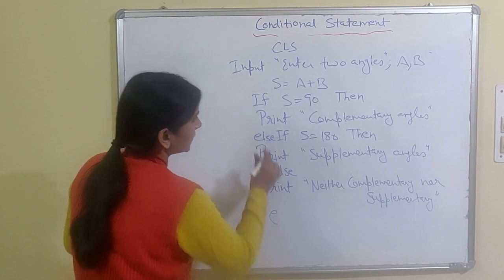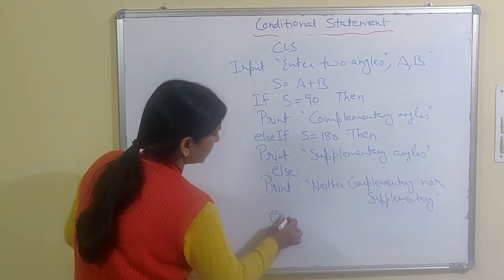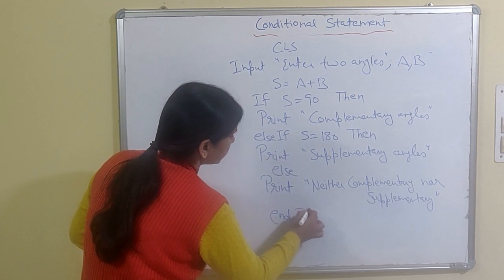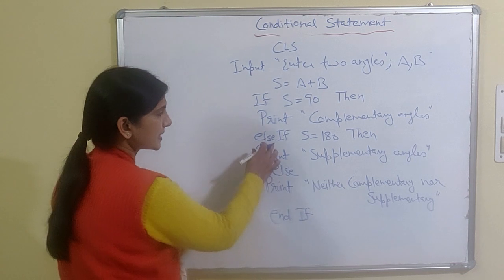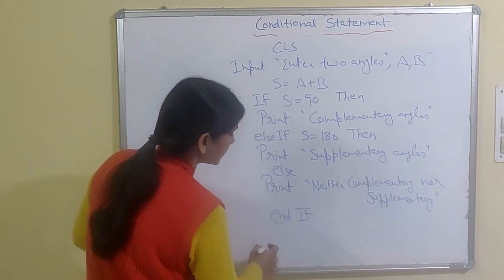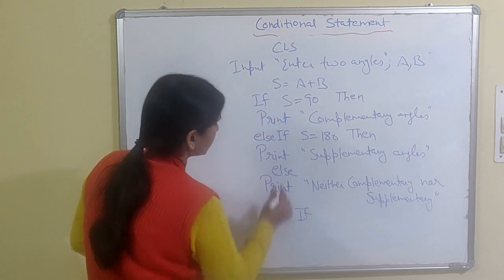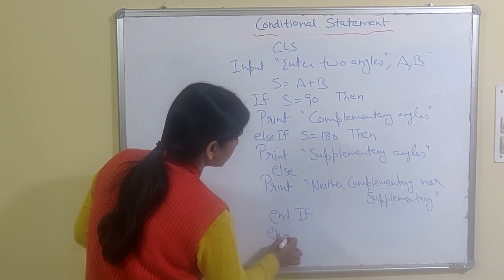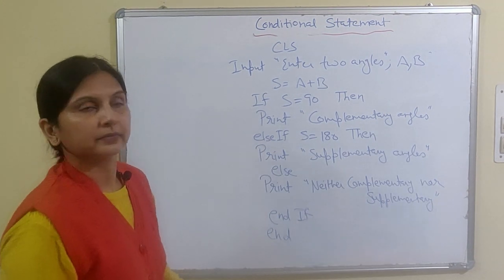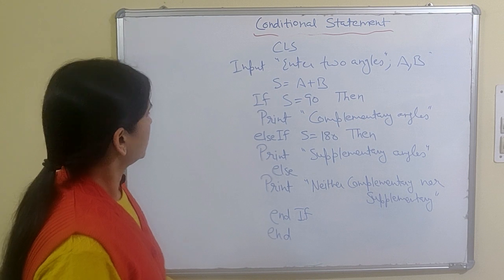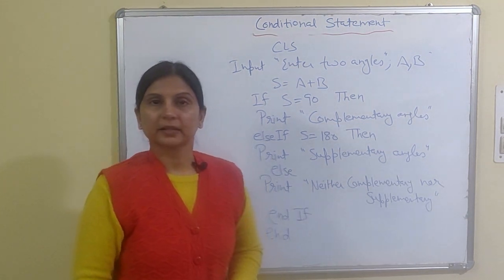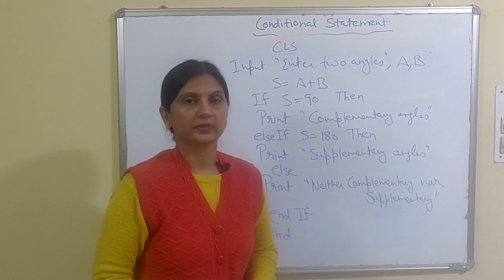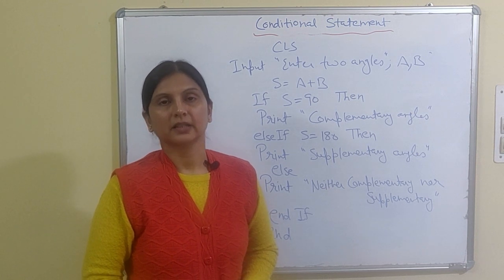And then to close, we will use END IF with space, ELSEIF without space, and END IF with space. And to end the program, we will use END. Fine. So I hope these programs are clear to you, concept is clear. So that's it in this video. Thank you so much.